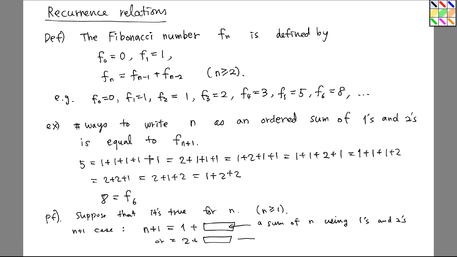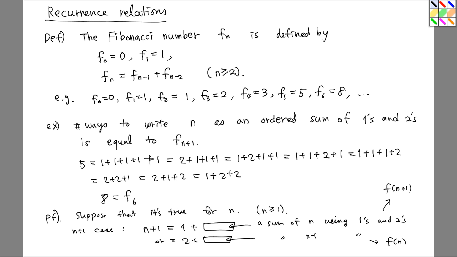And here, because we used 2, we should write n minus 1 using 1s and 2s. And this number will give us f of n plus 1. This number will be f of n.